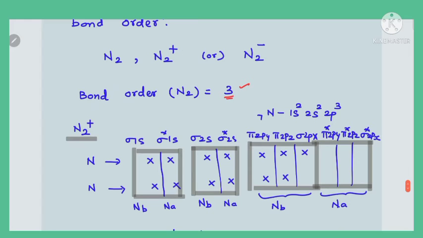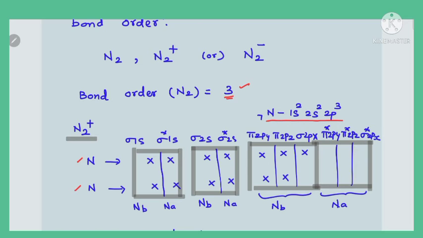Now let us go for the N2 plus ion. N2 plus means a nitrogen molecule with 1 electron less, isn't it? The nitrogen atom is 1s2, 2s2, 2p3 because it has atomic number 7.